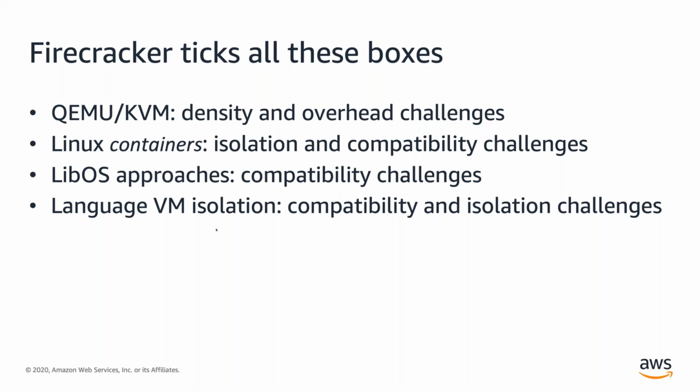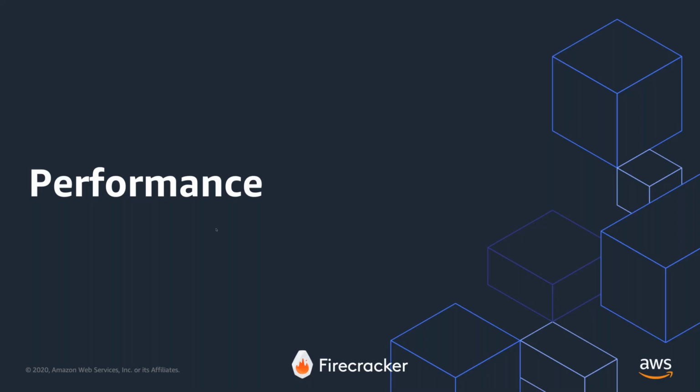And similarly with language VM isolation, right? Things like V8 and Java have these features where you can create isolates within the language VM. We didn't like the security model of those, and we also didn't like the compatibility because we wanted people to be able to bring binaries rather than just build code in particular languages.